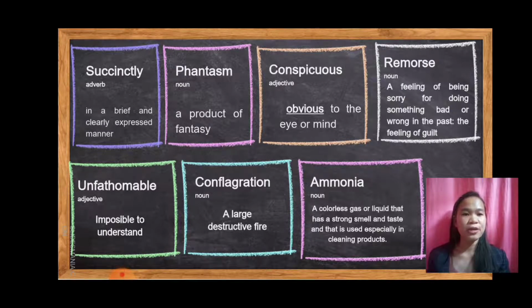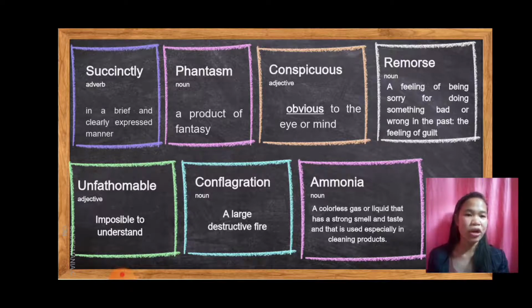Conspicuous, obvious to the eye or mind. Next is remorse, a feeling of being sorry for doing something bad or wrong in the past, the feeling of guilt. The next one is unfathomable, impossible to understand. Next is conflagration, a large destructive fire.